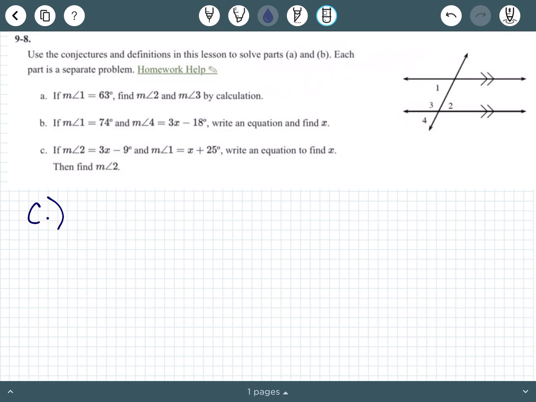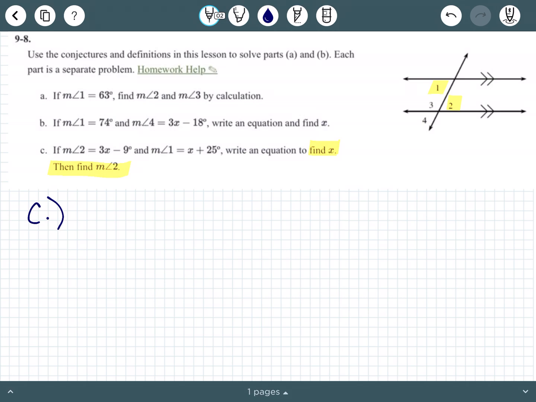If the measure of angle 2, so we're looking at angle 2 here, equals 3x minus 9, and the measure of angle 1 equals x plus 25, write an equation to find x. Then find the measure of angle 2. So not only do we need to find x here, but we also need to find the measure of angle 2.